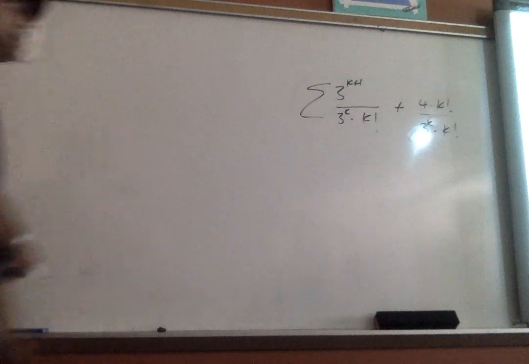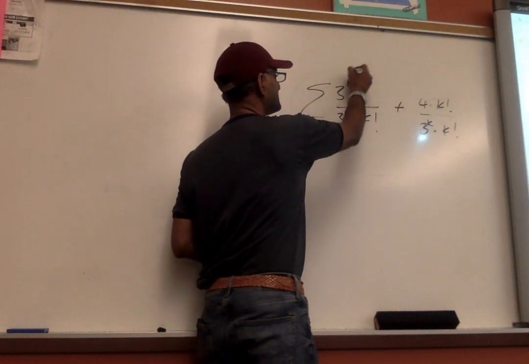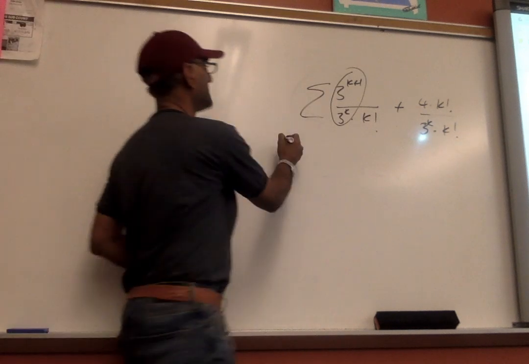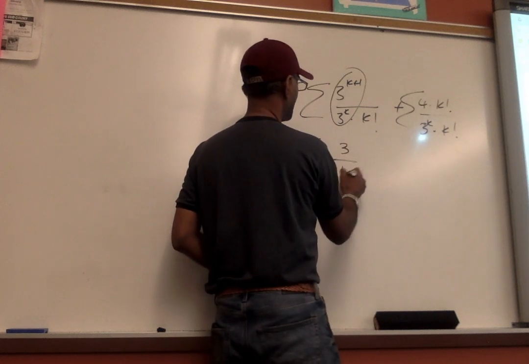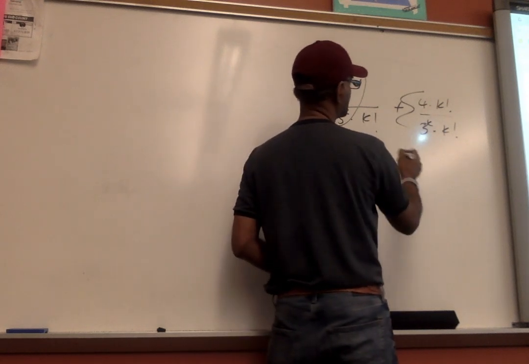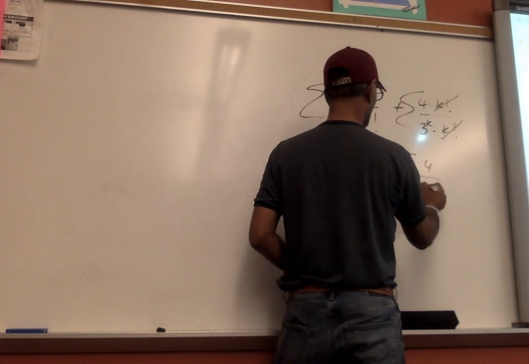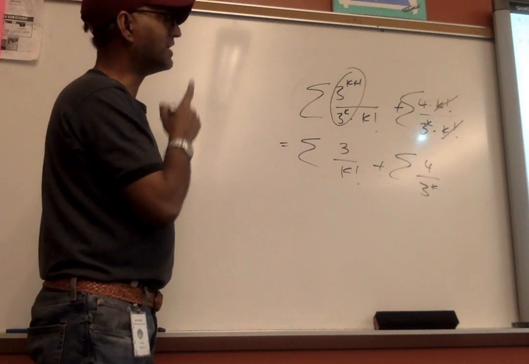If I remember right, this one worked out. Okay, careful. What does that become? 3. So is that basically summation 3 over k factorial plus 4 over 3 to the power of k? Everybody okay there? We're starting at 1.